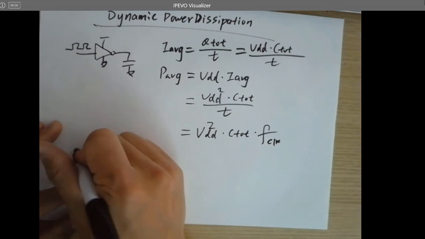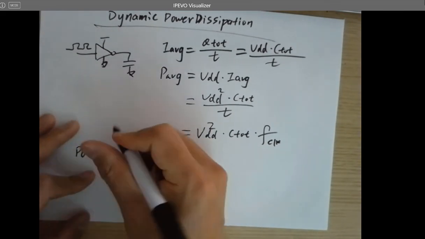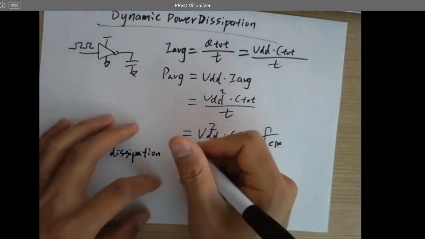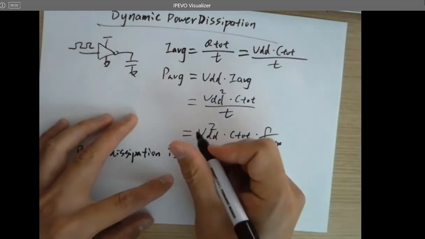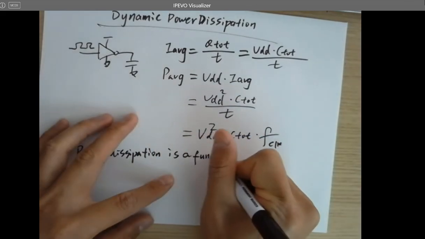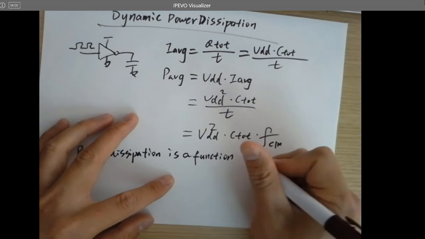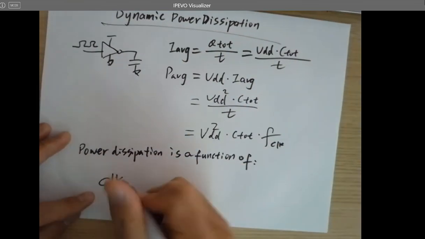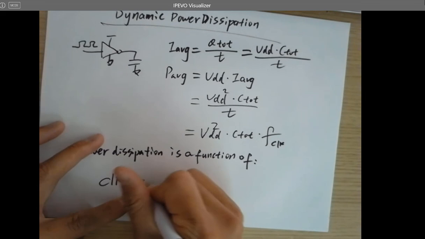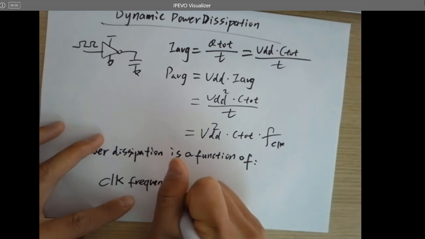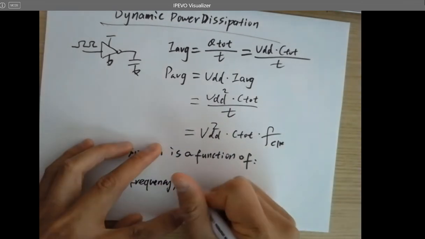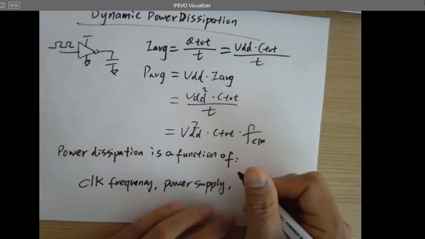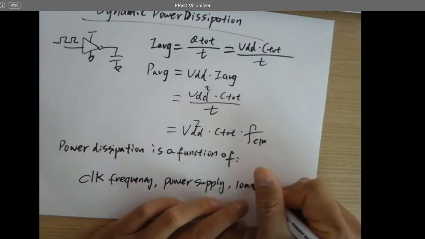So the conclusion here is the power consumption or power dissipation is a function of what? Clock frequency, and what? Power supply, and what? Load capacitance.